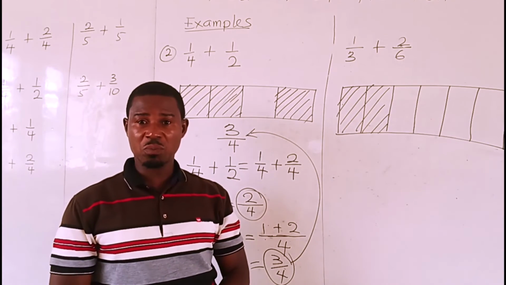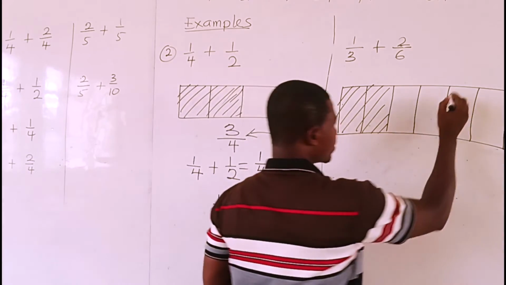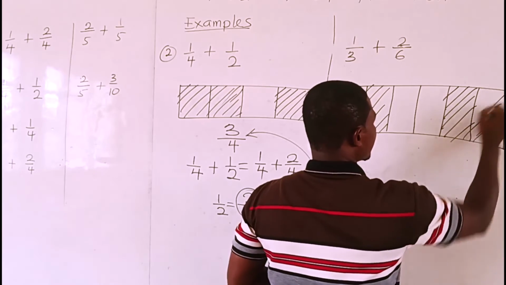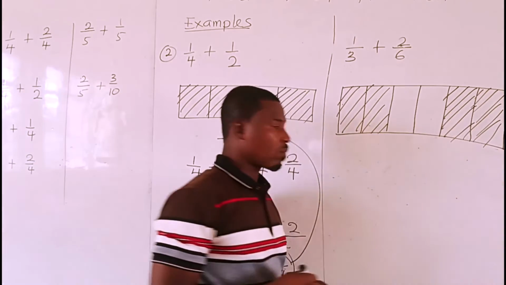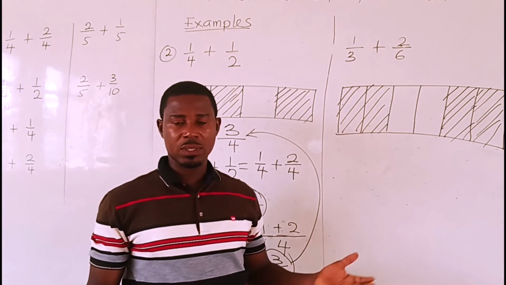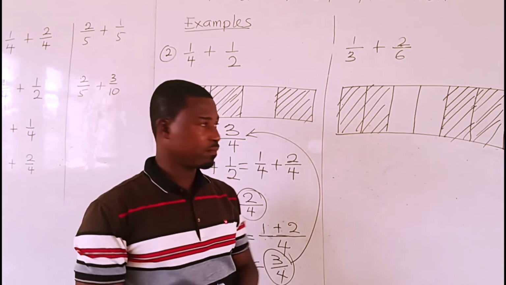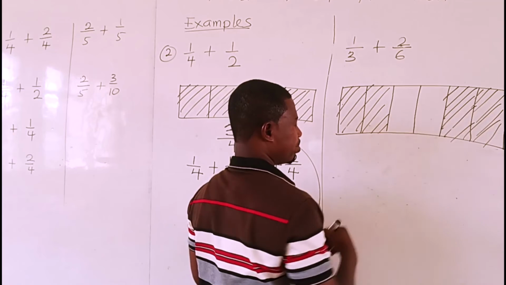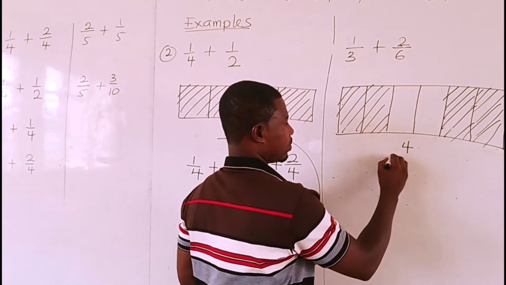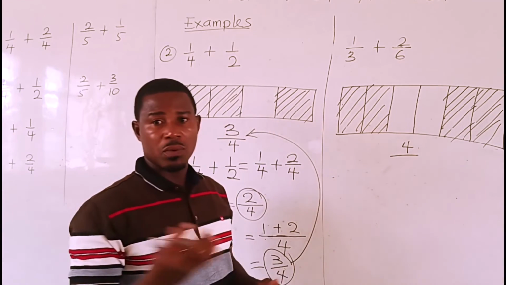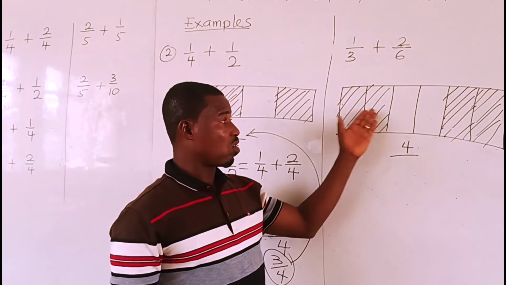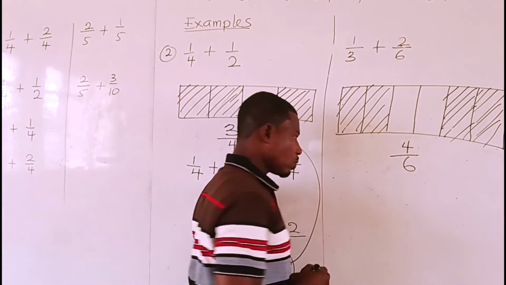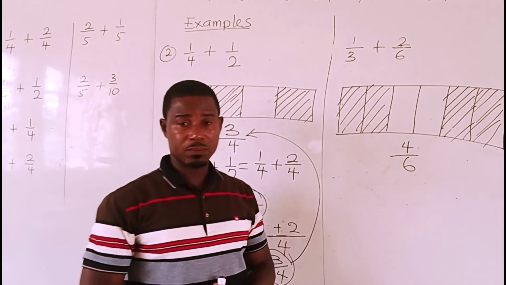Let's shade 2 parts of it. Then we count the number of shaded portions: 1, 2, 3, 4, all out of the number of parts we have divided the whole into, and that is 6.